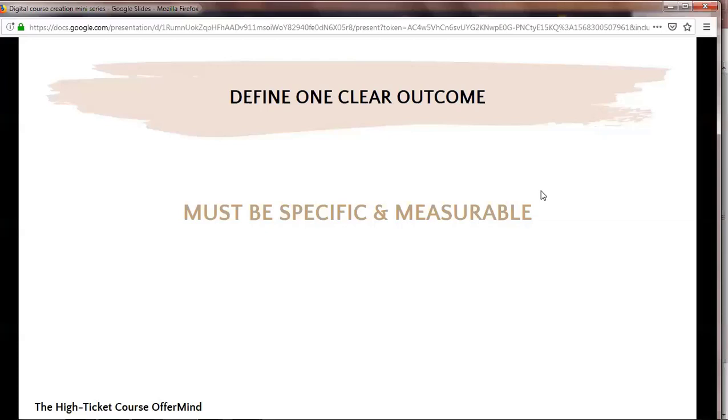You put those together, maybe two or three, into one clear solution, and you are going to craft your offer around those three. So in essence, it's going to be like a 3-in-1 type solution that is not only specific, but measurable, something your ideal client is able to see and notice when it comes to getting results.